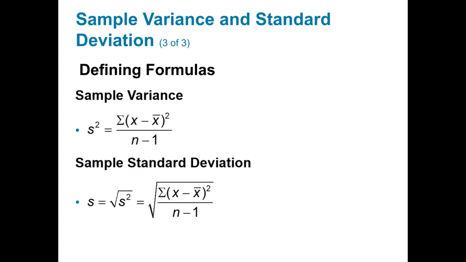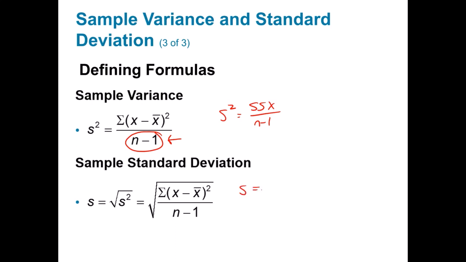So the only difference in the formula, other than calling the mean x bar instead of mu, is you're now dividing by n minus 1 instead of n. So that's the only difference in the formula. But variance is still the sum of squares divided by n minus 1.